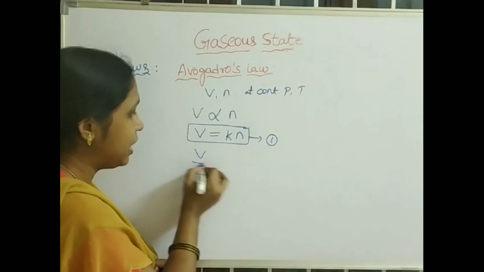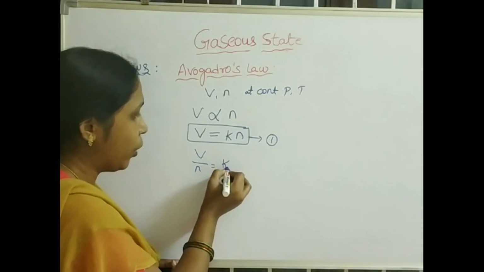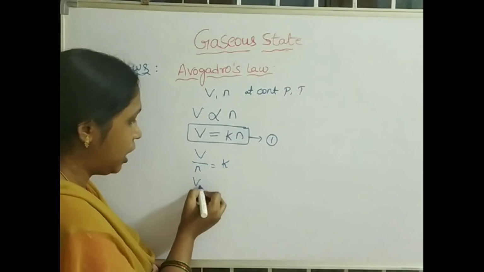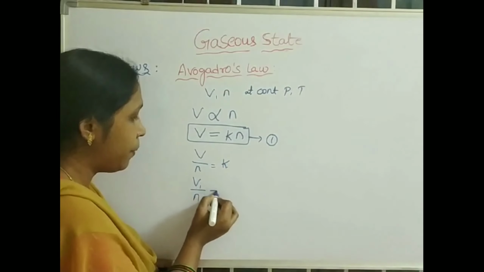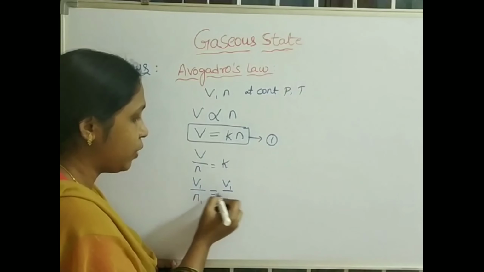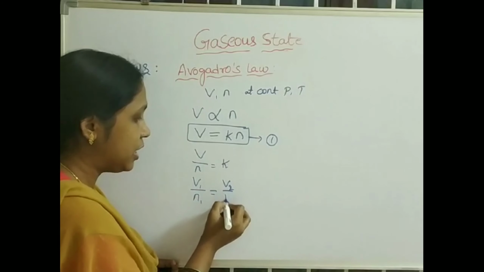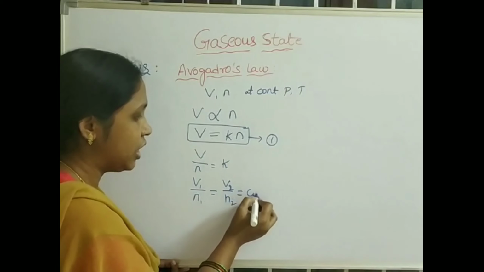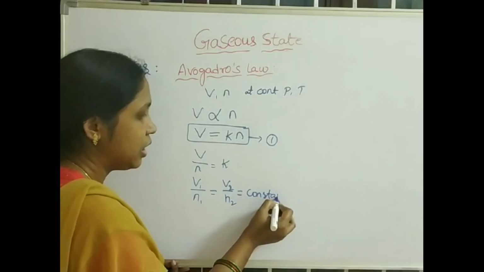And V by N is equal to a constant. Here also, changing the volume changes the number of moles of gas. But the division of the volume and number of moles is always constant.